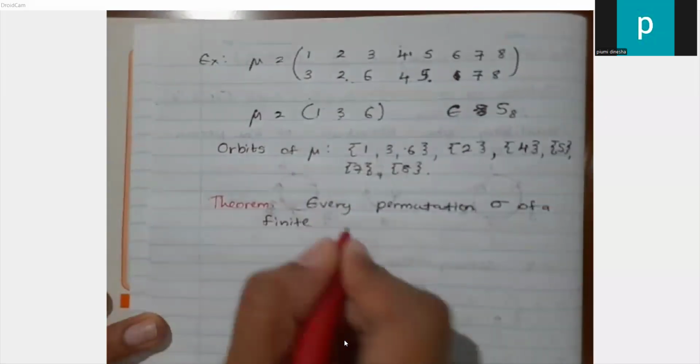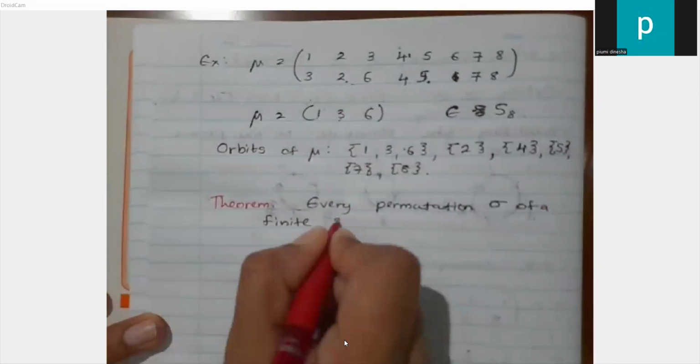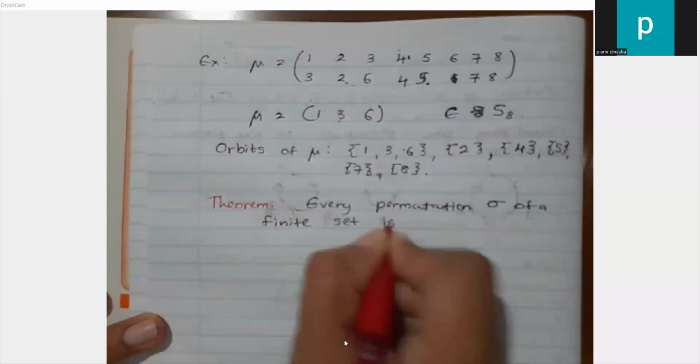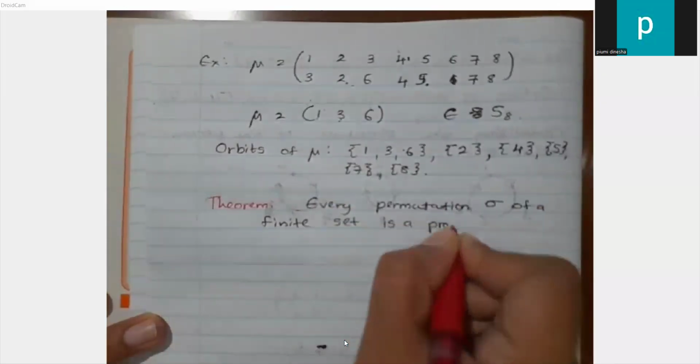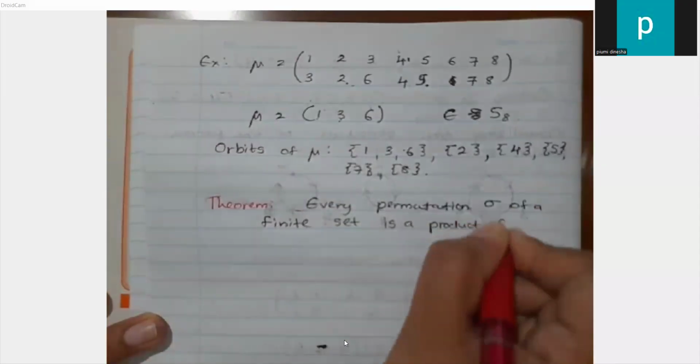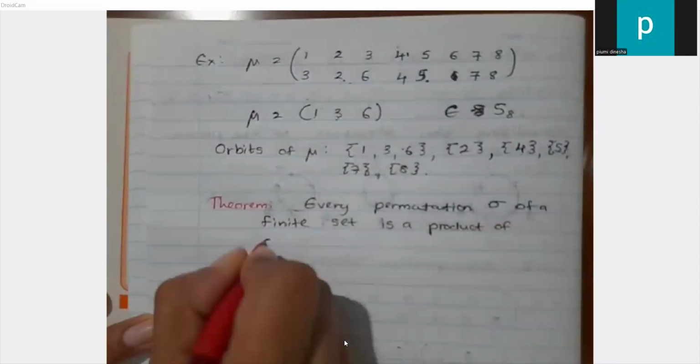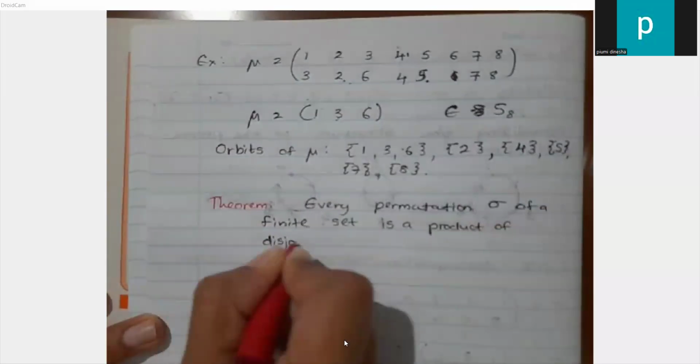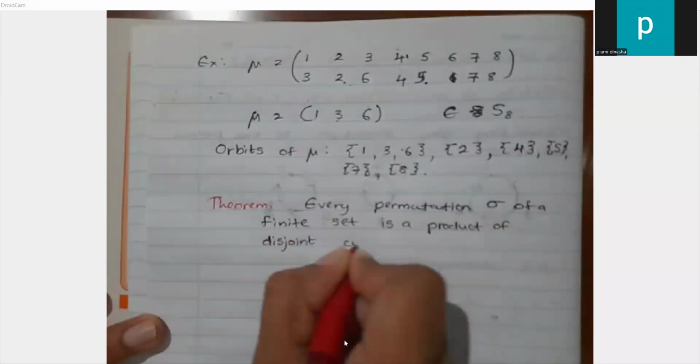Every permutation sigma of a finite set is a product of disjoint cycles. We have seen this in the previous example here.